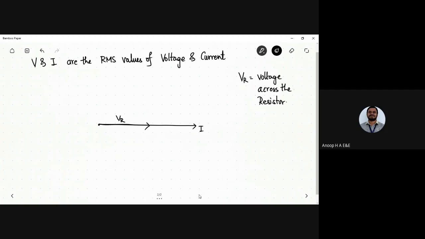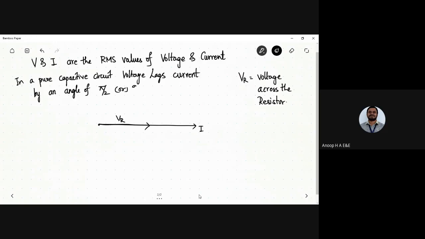So, in a pure capacitive circuit, voltage lags current by an angle of pi by 2, or 90 degrees.